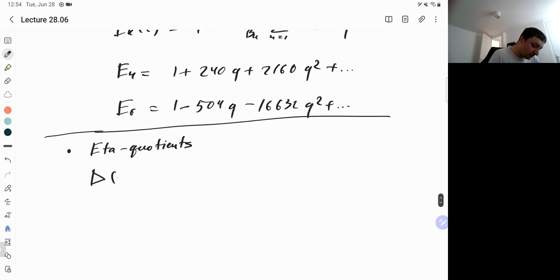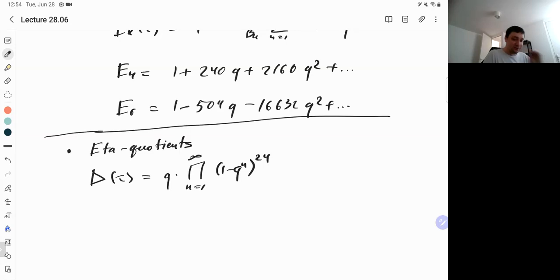There is a famous Ramanujan delta function, which has a completely random-looking definition: it's q times the infinite product of 1 minus q to the n, to the power 24. And this thing is in M12 of gamma 1.